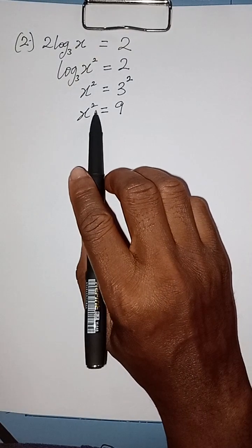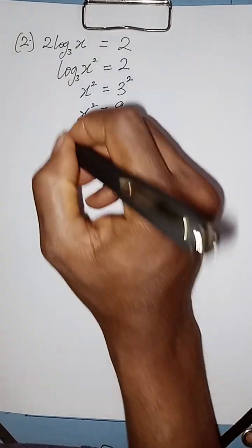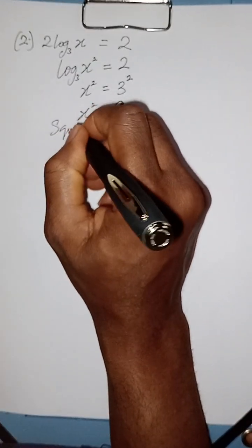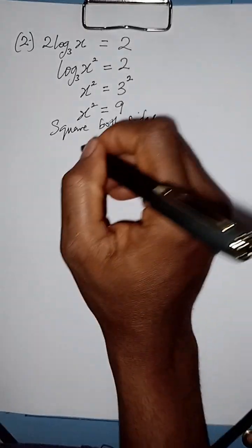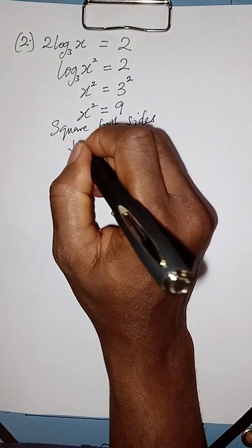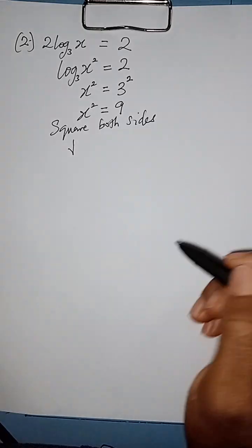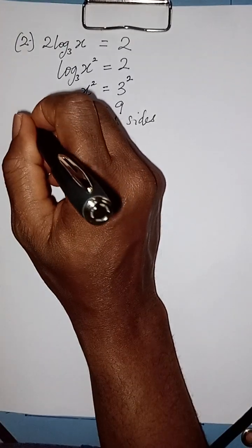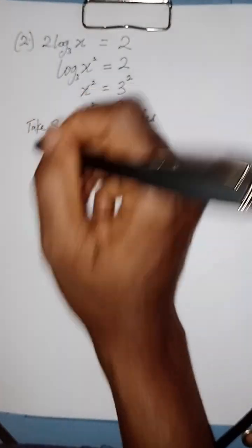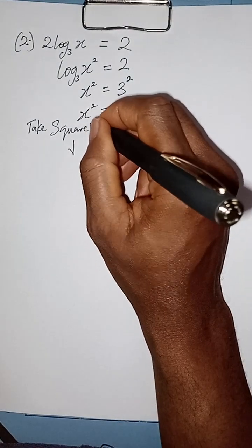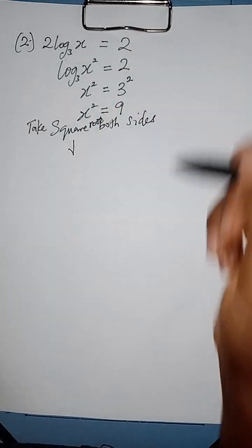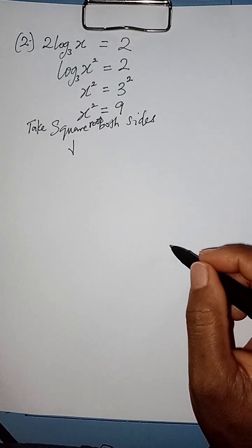Now, this square can be eliminated. To do that, you take the square root of both sides.